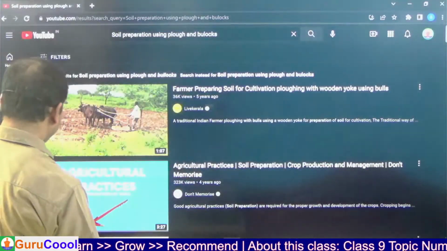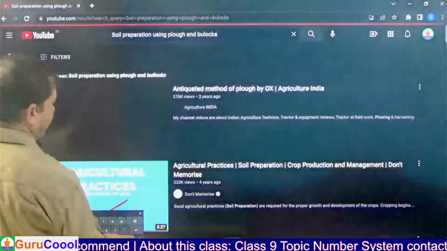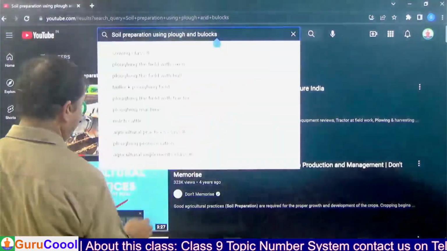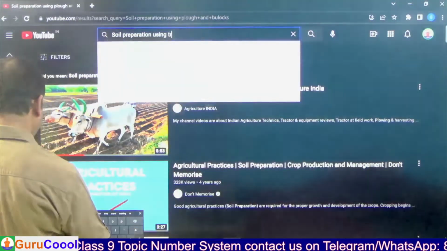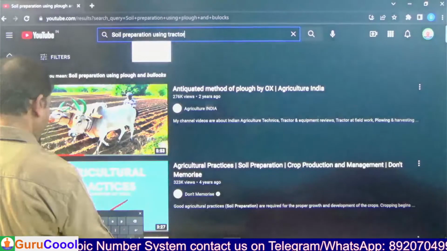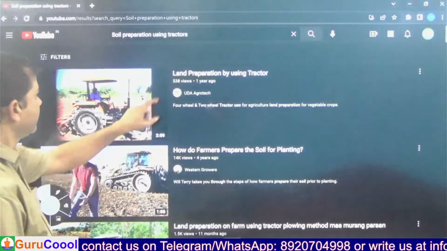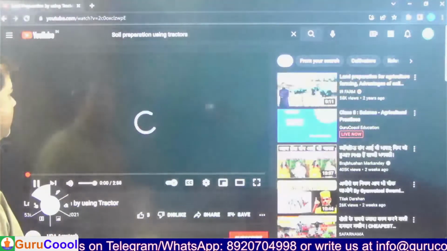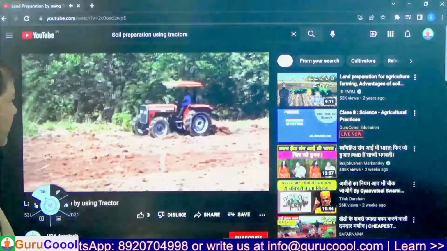We saw the videos over tractors, right? Yes, sir. See, this person is using a tractor.